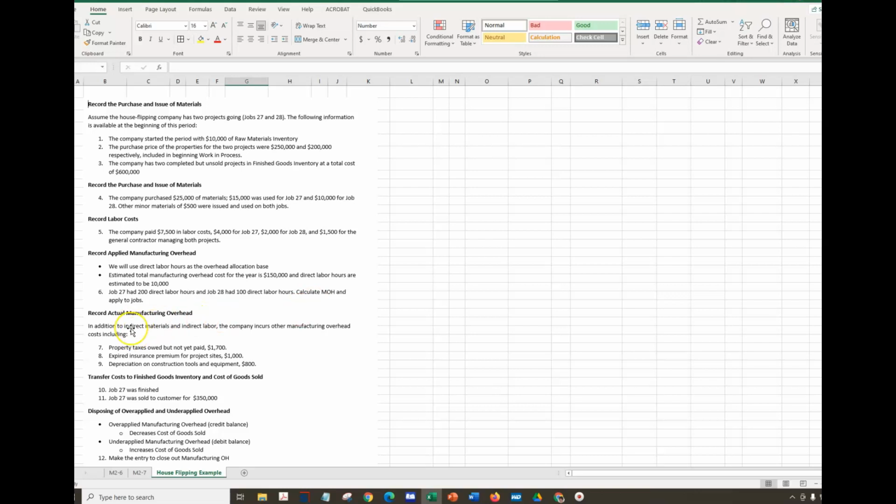Now we need to record the actual manufacturing overhead. So we had some other things. We had some property taxes, 1,700, some expired insurance premiums for project sites, which means expired means it was used. We have some depreciation on construction tools and equipment.